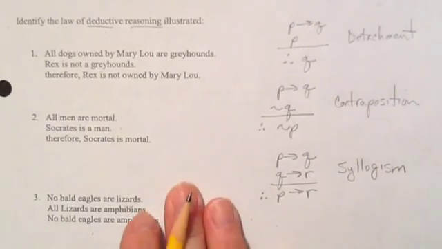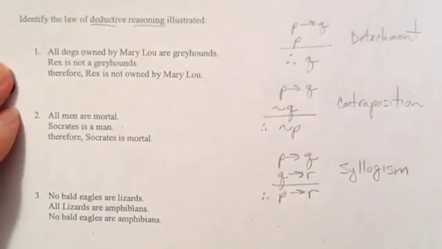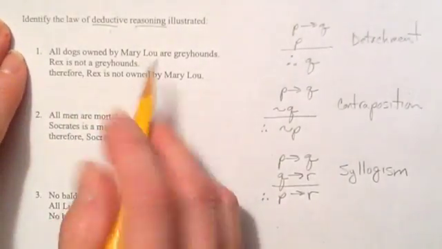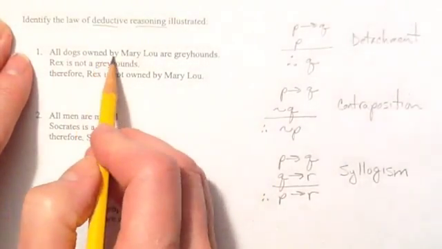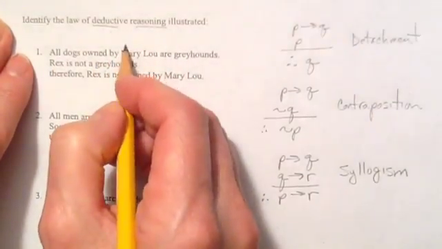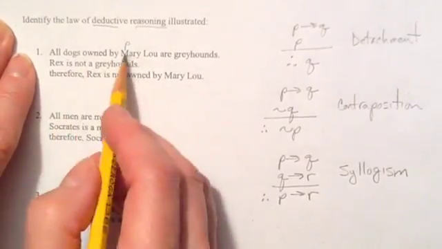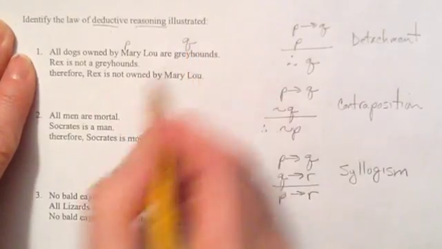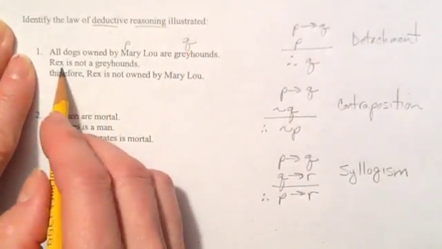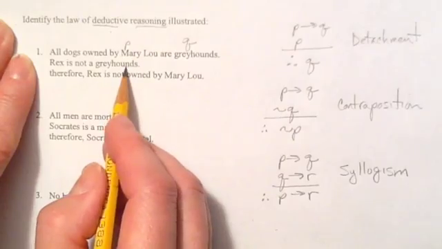All right, so it's really easy when you start putting P's and Q's next to them. If you try to logically think, sometimes it doesn't work. All dogs owned by Mary Lou are greyhounds. P is dogs owned by Mary Lou. They are greyhounds. It's true, it's a rule, it's a law. Rex is not a greyhound.